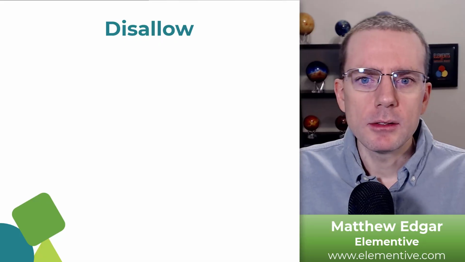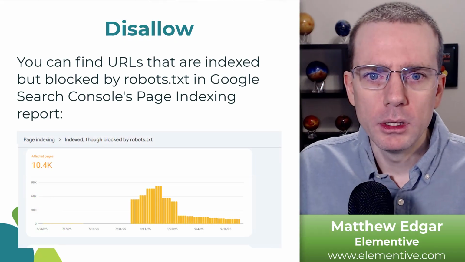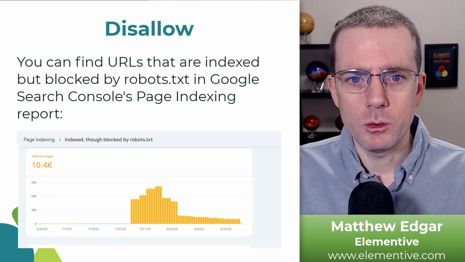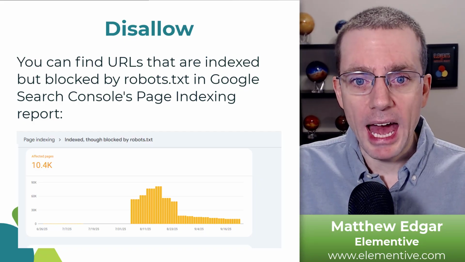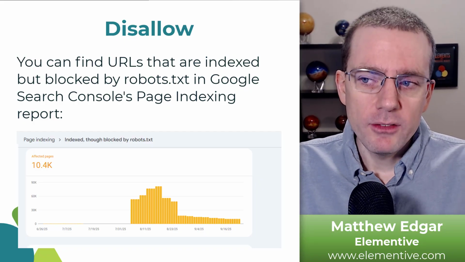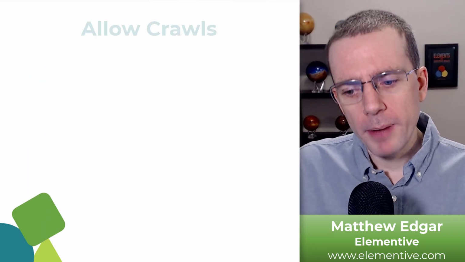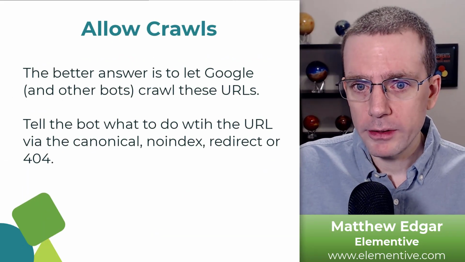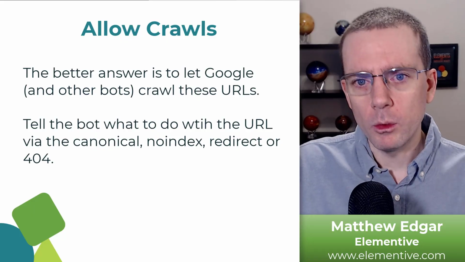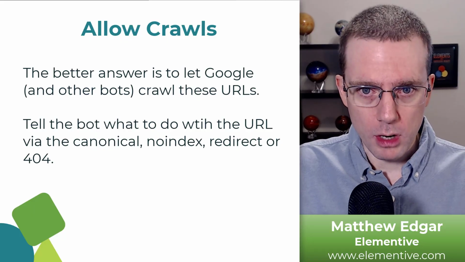I agree, this is kind of a weird behavior from Google, but I've seen a lot of instances of this where Google indexes and ranks bad URL parameters, even though they can't crawl them. So the better answer is to let Google crawl these URLs and then tell Google what to do with them once they do crawl these URLs.